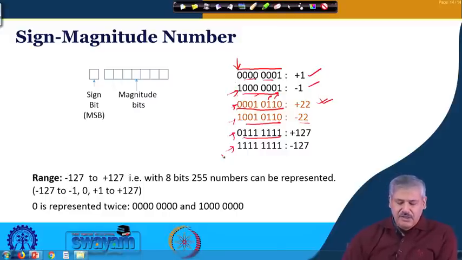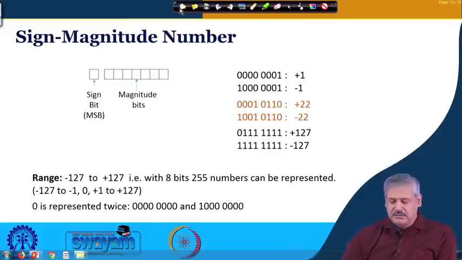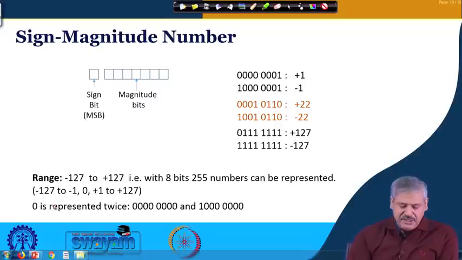In this representation with 8 bits, what can we represent? We can represent from minus 127 to plus 127. That makes 2 into 127, 254, and 0.